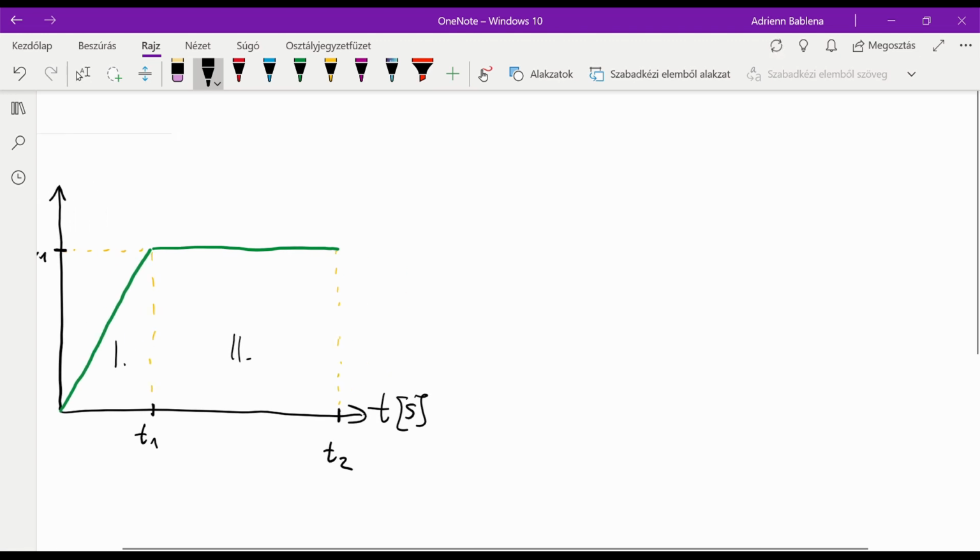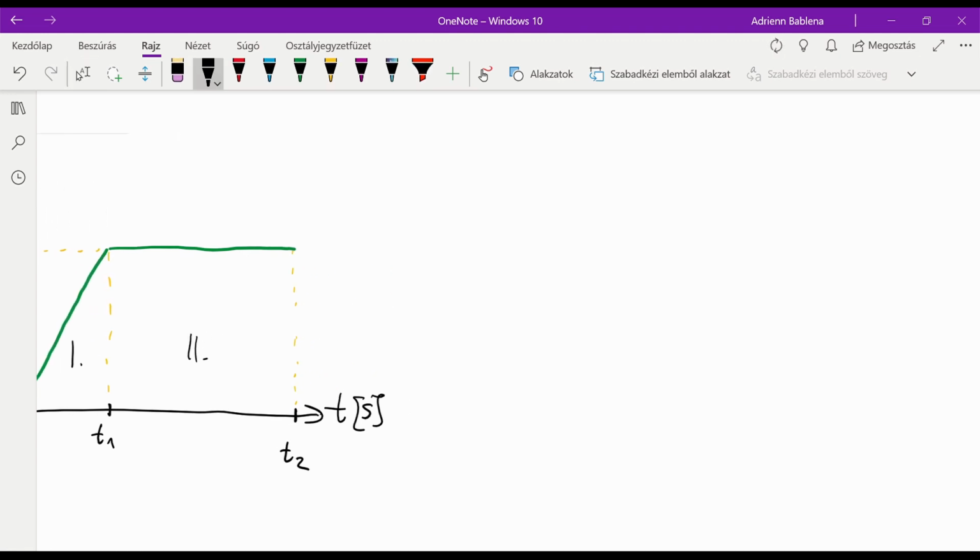And we know other parameters. We know that our initial time is 0, so t0 is 0. We know that we start at the origin, so our s0 is 0. So from the acceleration function, we are looking for a velocity function and an s displacement function.